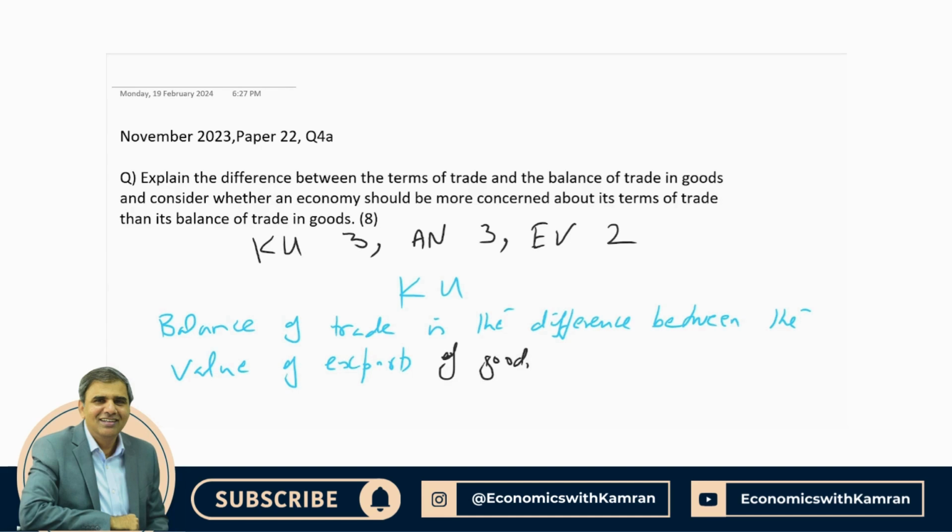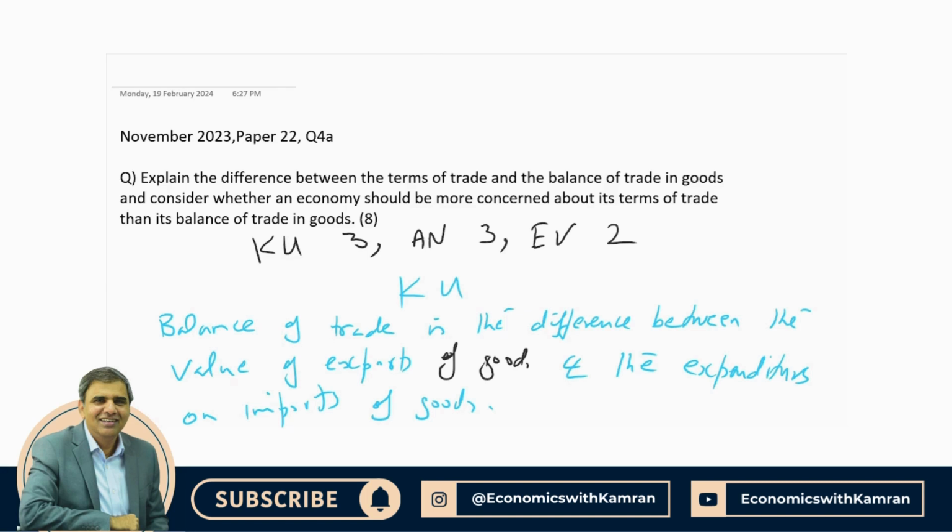Balance of trade is the difference between the value of exports of goods and the expenditures on imports of goods. So balance of trade records the exports and imports of goods only.